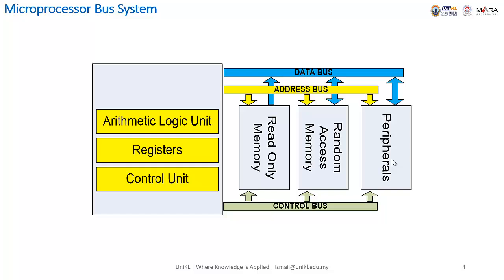Sometimes you need the max processor, the interrupt controller, clock generator, and so on. All of this makes the microprocessor system bigger and bigger, so the cost becomes expensive and also difficult.